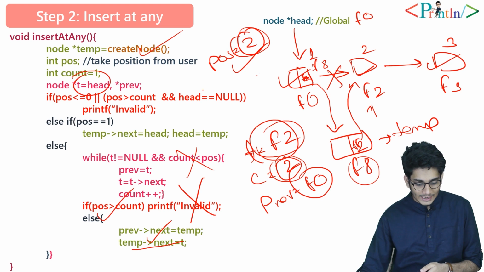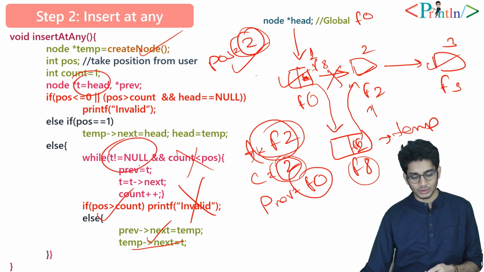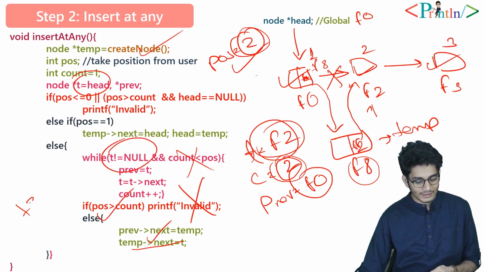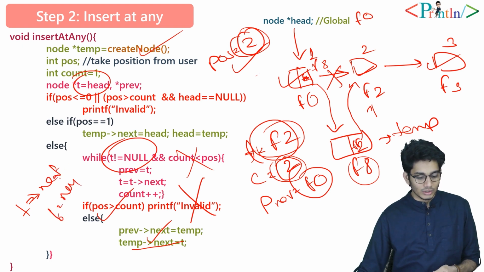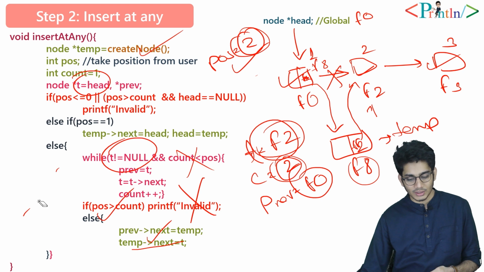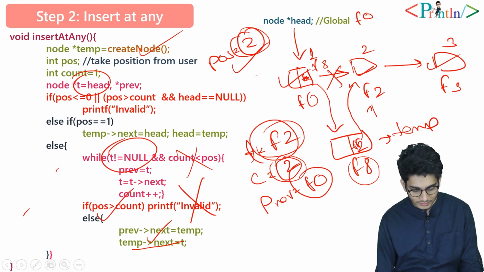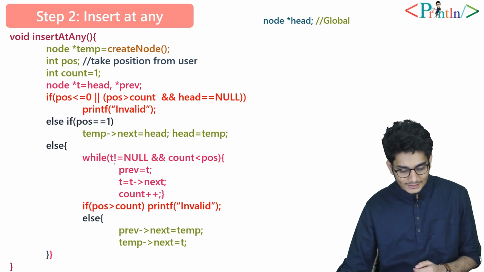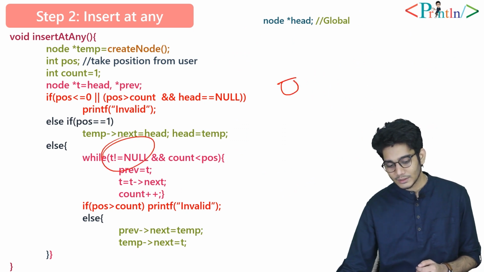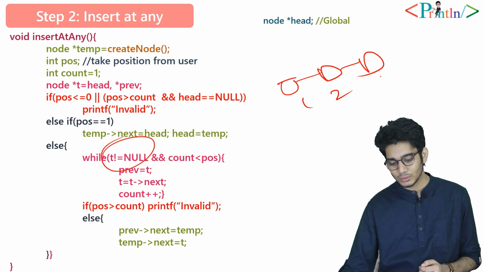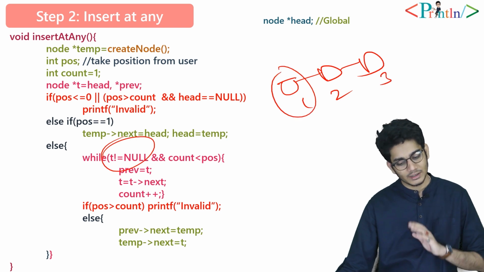So as you can see, I have taken t not equals to null. In this position I can also take t next not equals to null. I have taken t not equals to null because let's say that we have a list like this: 1, 2, 3. If you are trying to insert here, we have already discussed.